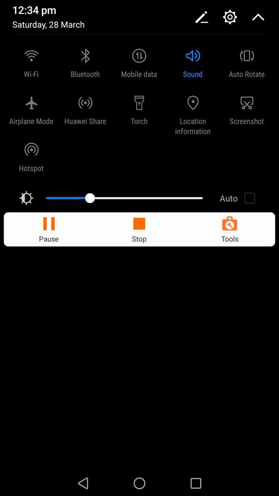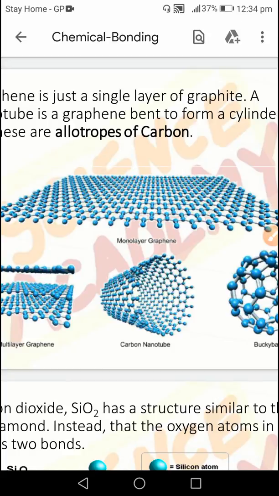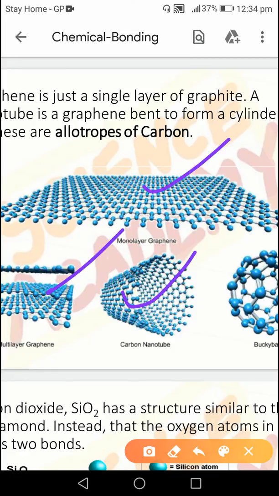Okay, so graphite, graphene, we have got all the ideas. In terms of electricity conduction, graphene and the nanotube, in all these structures we have one carbon atom forming 3 covalent bonds with 3 other carbon atoms, and 1 electron remaining free.